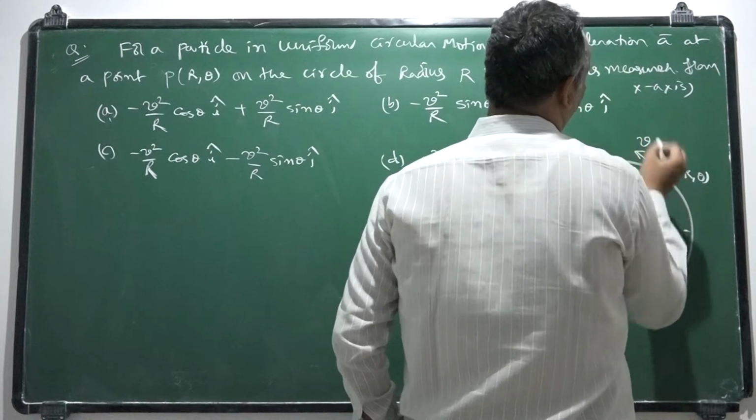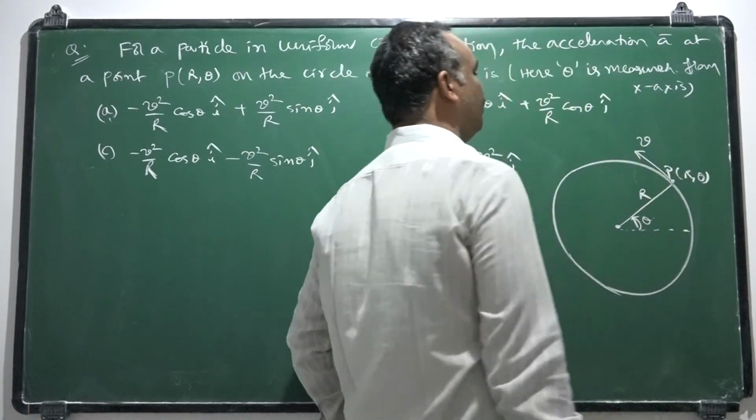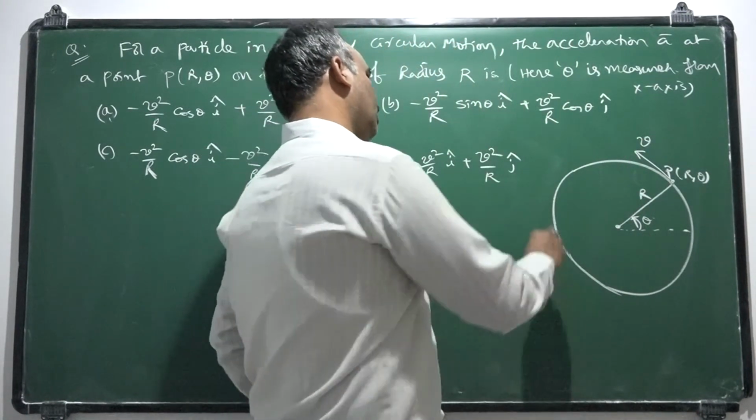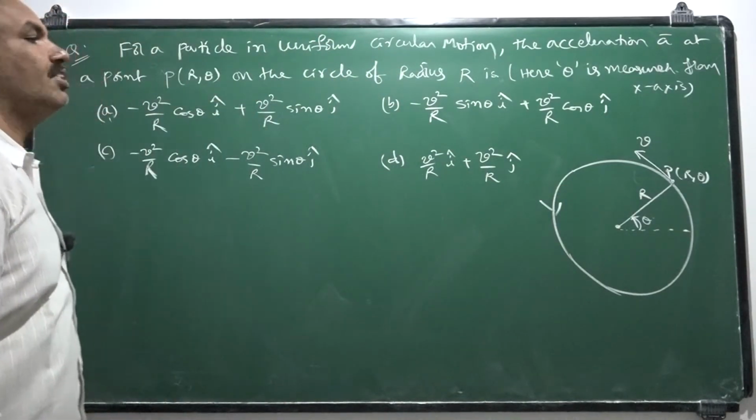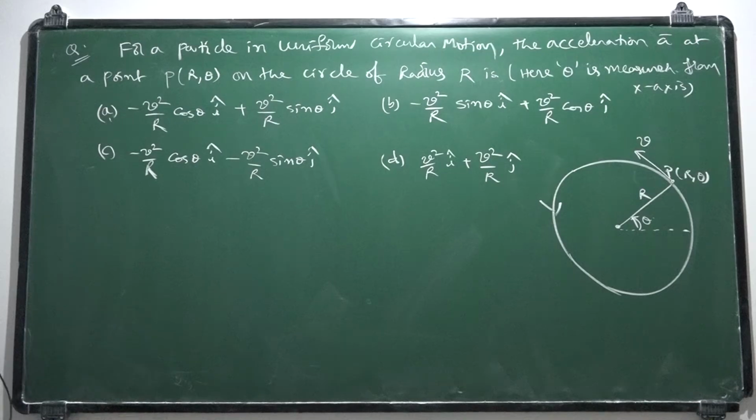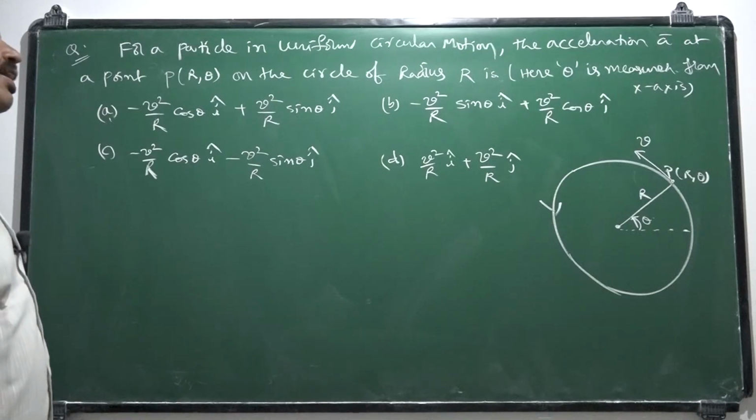Generally, velocity of the particle will be like this, tangential to the motion of the particle on the circular path. You are required to find acceleration.